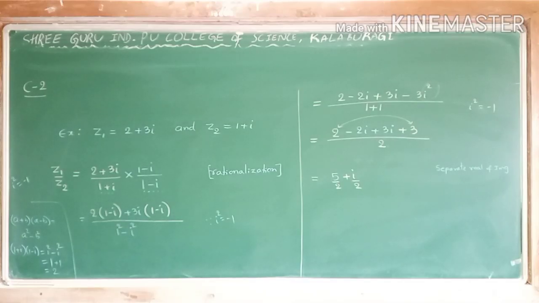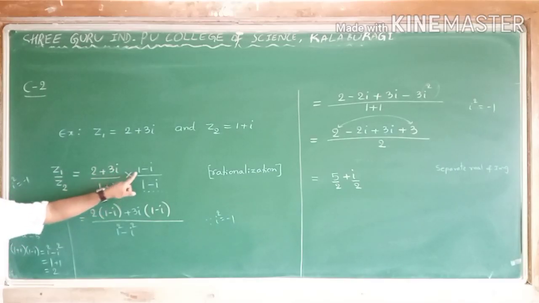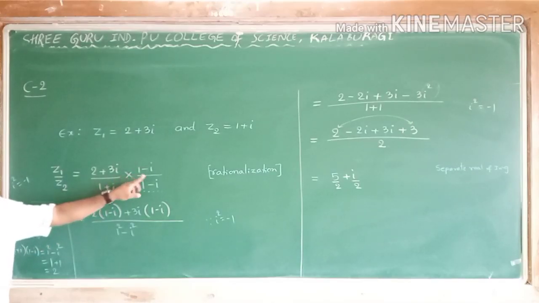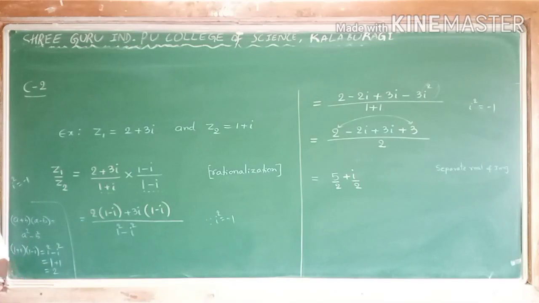Very important for division of complex numbers, carefully. That is z1 by z2, 2 plus 3i divided by 1 plus i. For this division of complex numbers, rationalizing the function, 1 plus i becomes 1 minus i divided by 1 minus i. Here, if there is minus in the denominator, use plus; if plus, use minus.